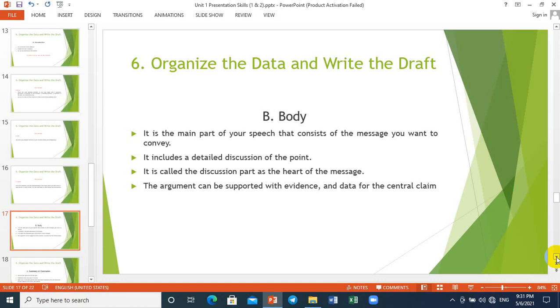The argument can be supported with evidence and data for the central claim. So the body plays an important role in our presentation because we need to express our main idea and the additional information that we use to support our idea, and the information must be reliable.